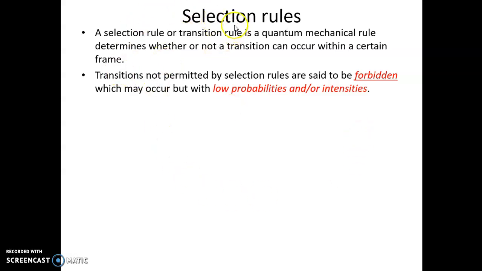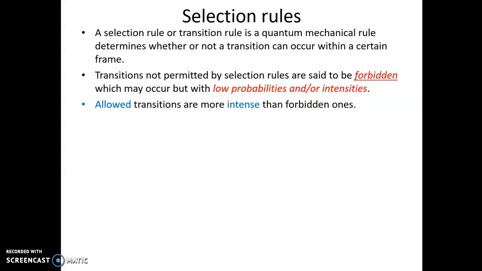So how does this affect intensities? If the transition is allowed, then it is intense. If it is not allowed, in which case we say a forbidden transition, then it will either not occur, or if it occurs, it has low probabilities.